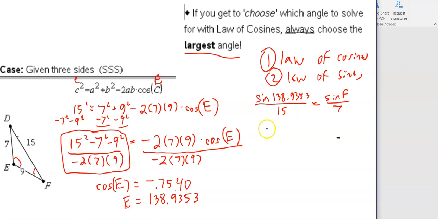We're solving for sine of F. So I'm just going to go to the next step to save skipping a step. So this would be 7 times sine 138.9353 over 15. And then the inverse sine of that, so we're going to do that.